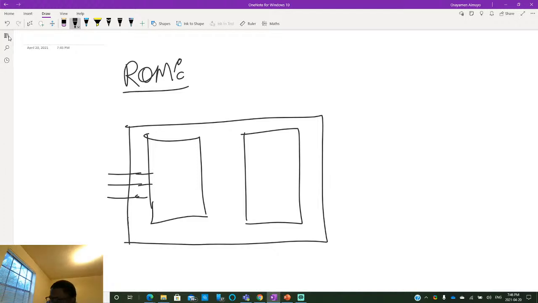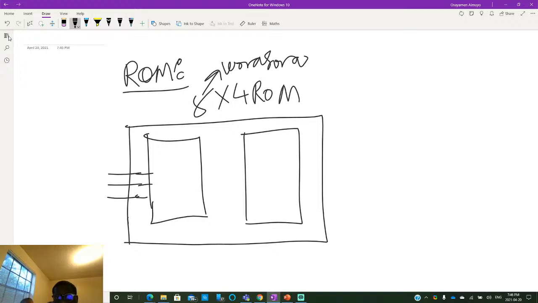I'm just going to give you an example. This is an 8x4 ROM. This 8 represents the words or address lines, and we're going to work one problem involving ROM design.